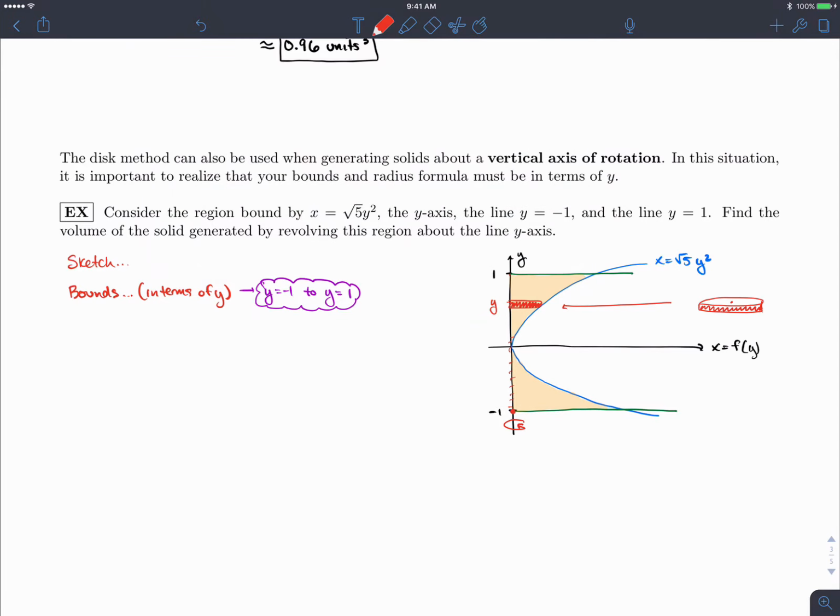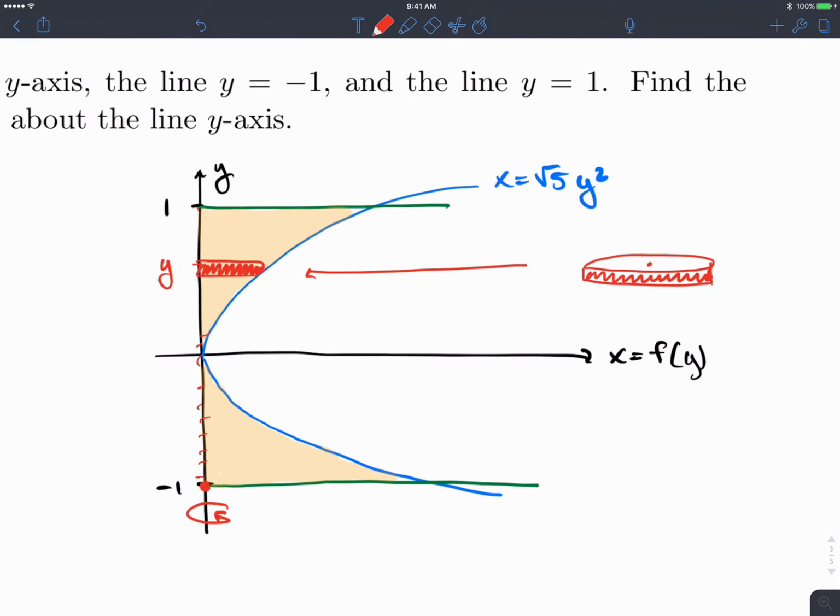Once we've got our bounds, we then need to get our radius. In this case, the radius is also going to be in terms of y. So once again, we think about what the radius is.